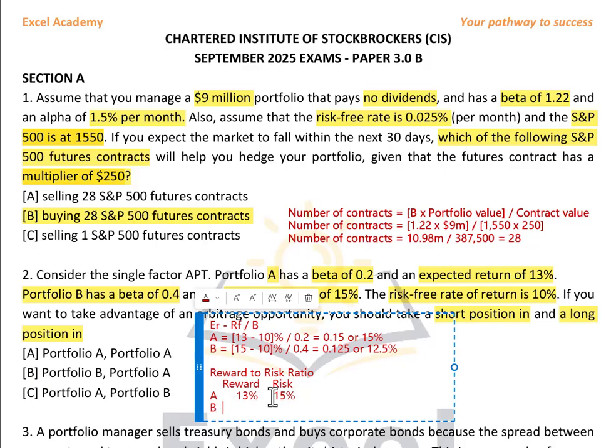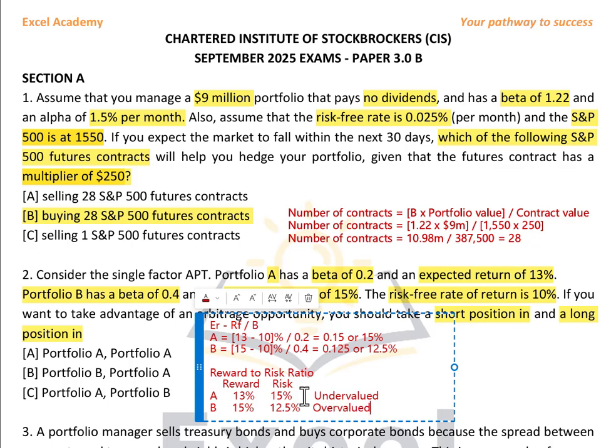For B, the reward is 15%, then the risk is 12.5%. In this case, you can see that for A, we are getting a reward of 13% but the risk is 15%, which means you can say it is undervalued. The B part, we'll see that this one is overvalued.